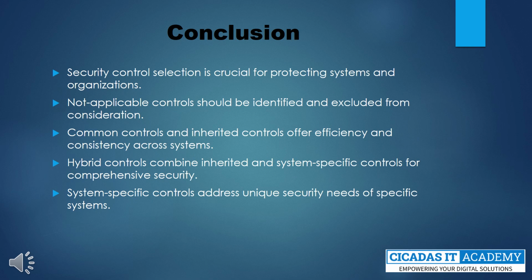In conclusion, effective security control selection and implementation are integral to maintaining a strong and resilient cybersecurity posture. By carefully selecting and implementing appropriate controls, organizations can mitigate risks, protect critical assets, and comply with industry standards and regulations. Frameworks provide valuable guidance in the selection process, offering best practices and control catalogs.